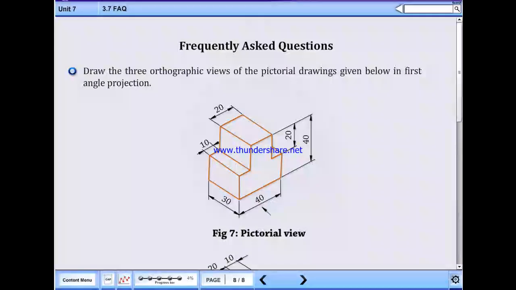Draw the three orthographic views of the pictorial drawing given below in first angle projection. Note down.